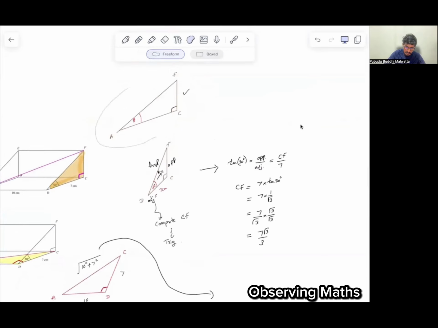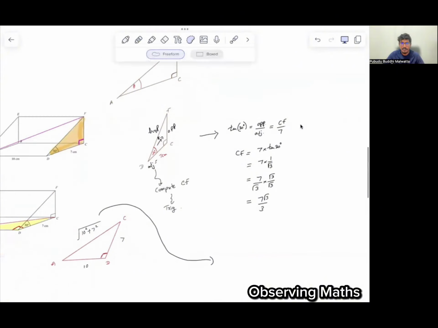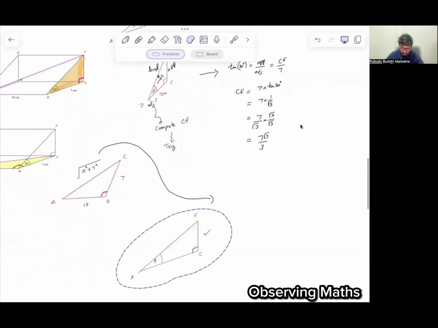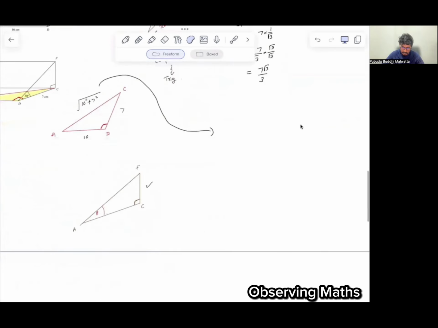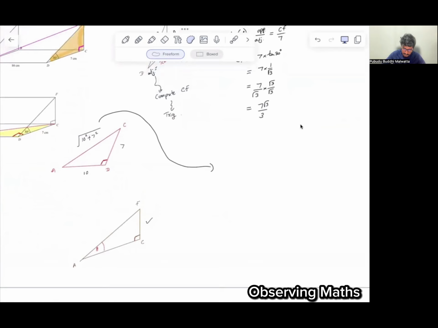We are doing all of these things to compute the AC length, so that we can compute the CAF angle. So AC is the square root of 100 plus 49, 149. So then to compute theta, use tan. We don't need the hypotenuse.